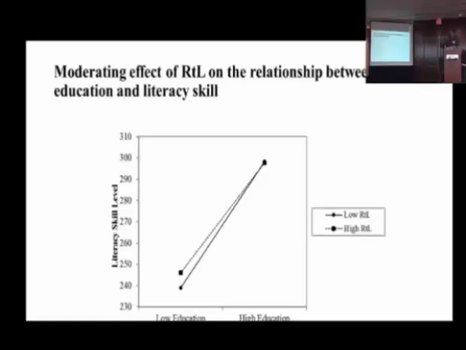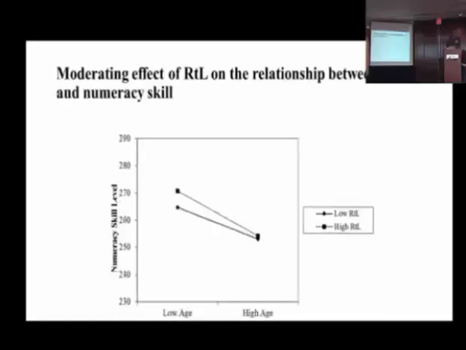At the lower educational level, the readiness to learn made more of a difference in their literacy scores than it did at the high education level. And similarly, when we looked at age differences in numeracy, you can see at younger ages, this readiness to learn had more of an effect on the numeracy scores than it did at higher ages.